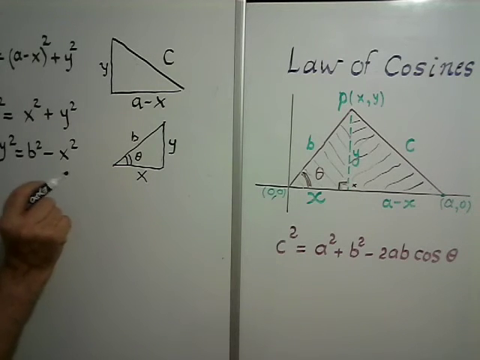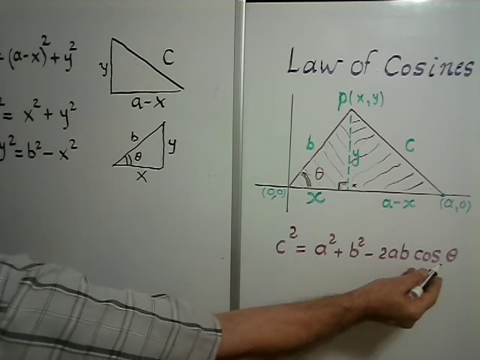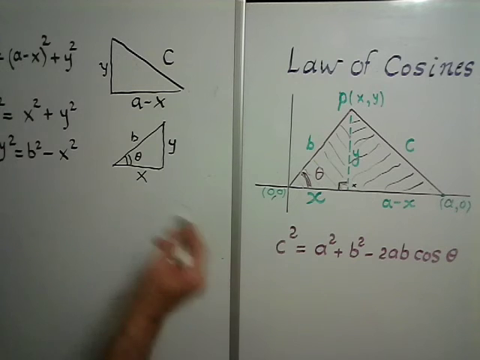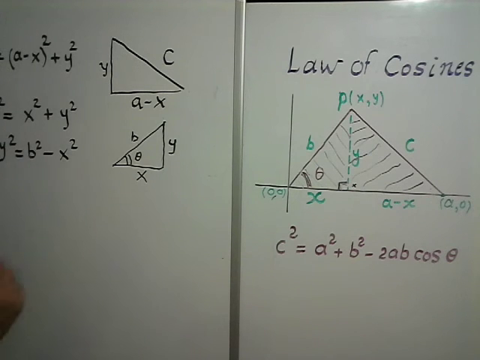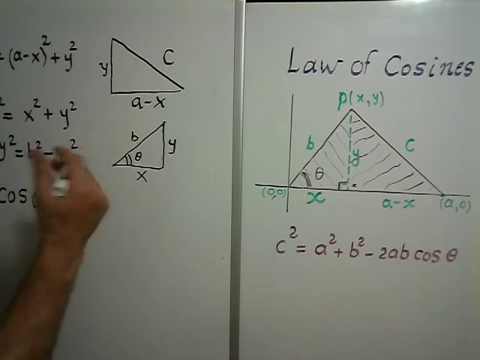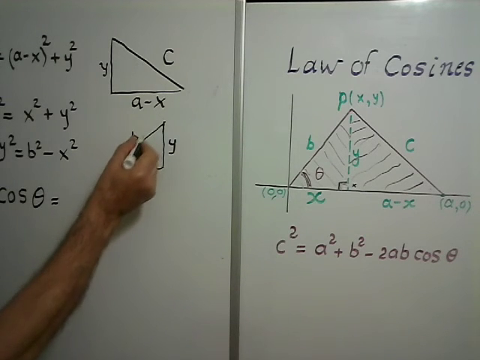Why I choose cosine to speak about? Because the law contains cosine theta. Cosine is equal adjacent over hypotenuse. Adjacent x, hypotenuse b.